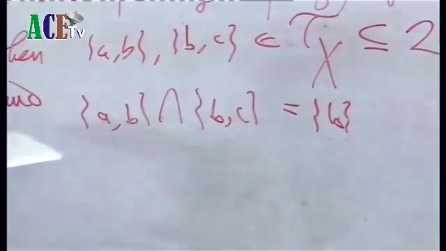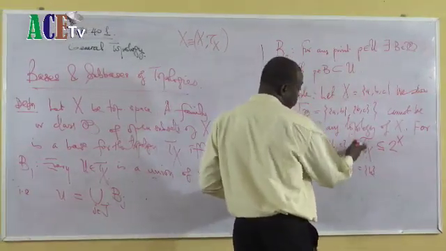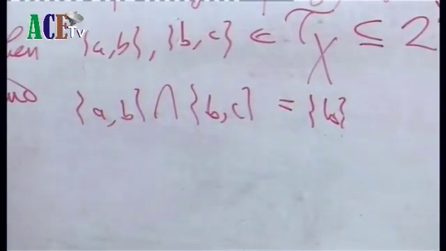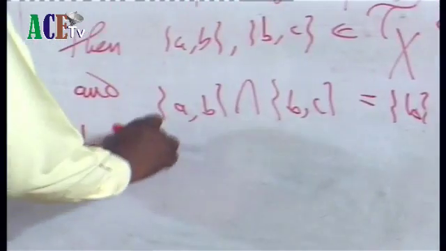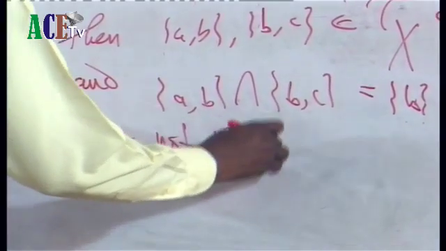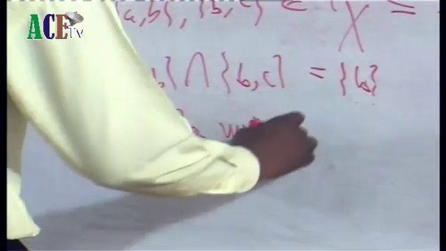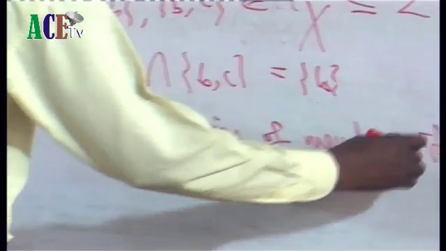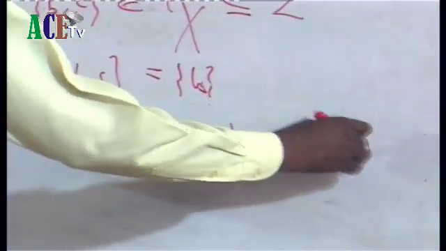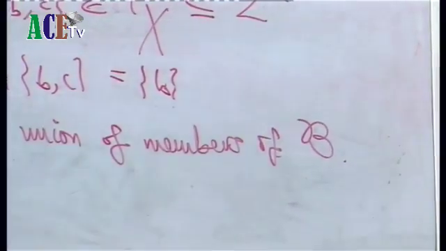Now, by the axiom of a topology, this B should also be here. But let's note that B is not a union of members of curly B. Now, what does this mean?